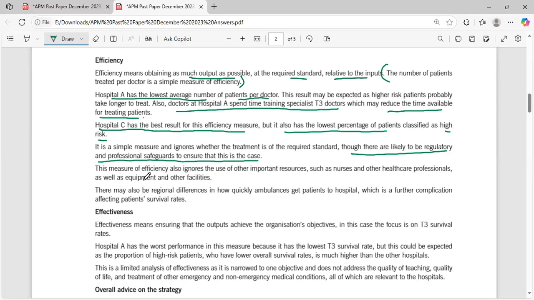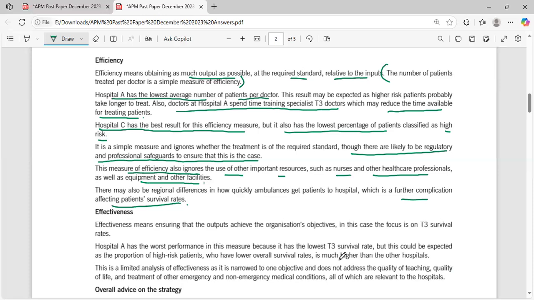The measure of efficiency also ignores the use of other important resources such as nurses and other healthcare professionals, as well as equipment and other facilities. There may be regional differences in how quickly ambulances get patients to hospitals, which is a further complication affecting patient survival rates.